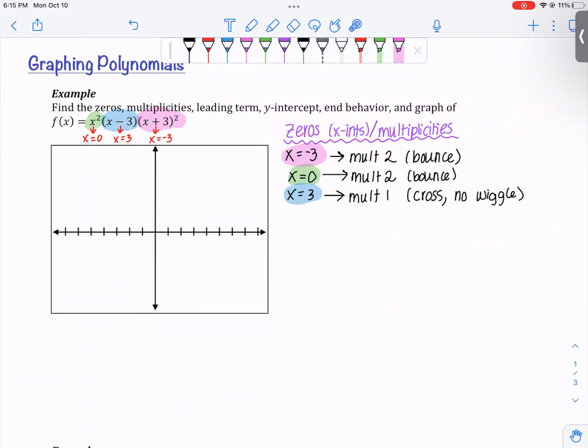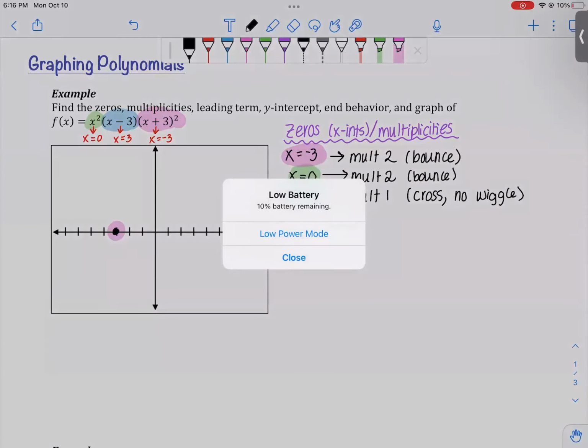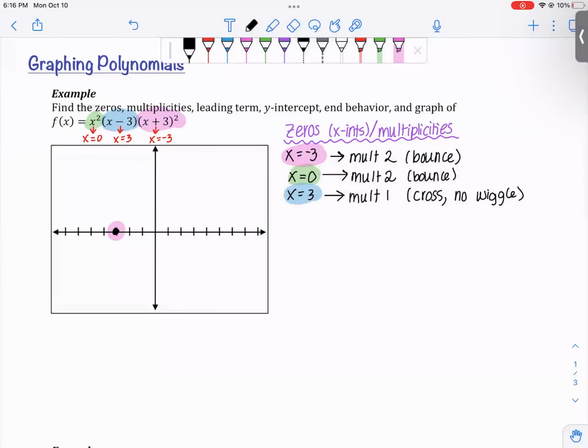I'm going to mark these on my graph and make note of them. So I have a 0 at negative 3, which means we have an x-intercept at negative 3. So that's right here. We have an x-intercept at 0. Let me go ahead and plug her in.